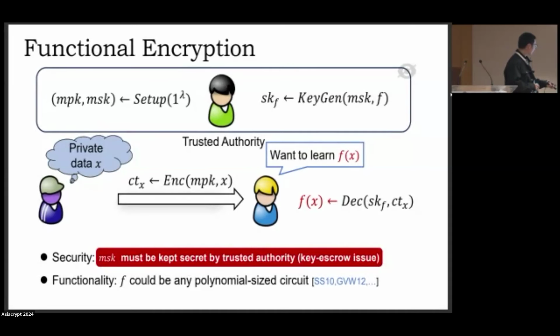But we still have a bigger problem. Here, this MSK must be kept secret by the trusted authority. If it is disclosed to the adversary, the security of the whole system will be compromised. This is the so-called key escrow issue.